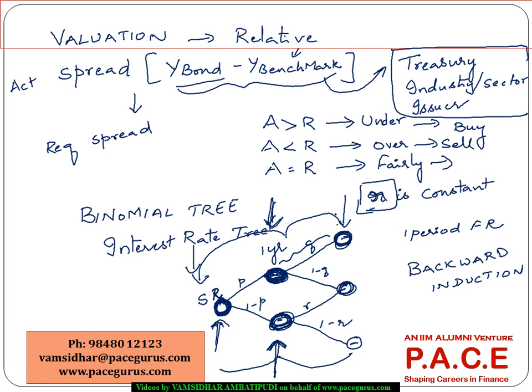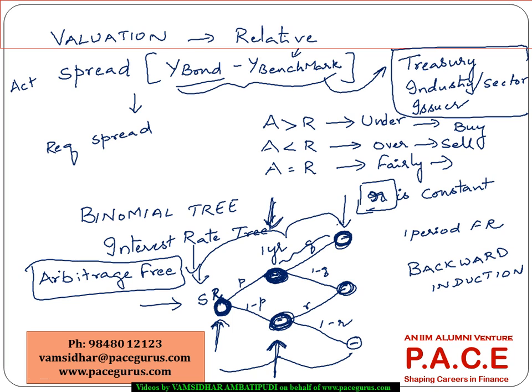So in general, building this tree is a very complicated, tedious process. So the simple way, one of the mechanisms typically used, is an arbitrage free valuation procedure. One of the key mechanisms used in this process is an arbitrage free valuation procedure, especially for all the on the run issues.